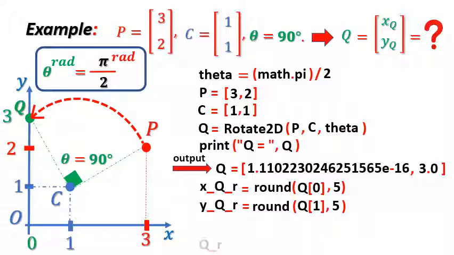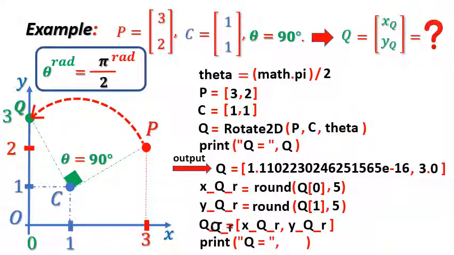Let the two-element list qr denote rounded point q with first element equal to xqr and second element equal to yqr. Let's print the rounded rotated point Q into output console. Rotated point Q is shown as a two-element list with xq equal to 0 and yq equal to 3.